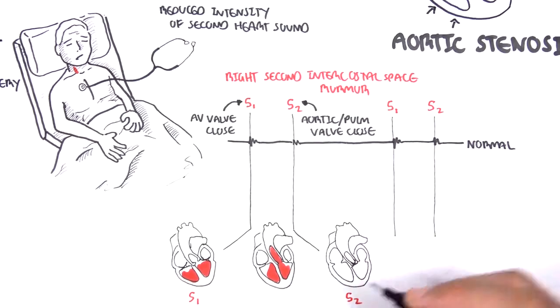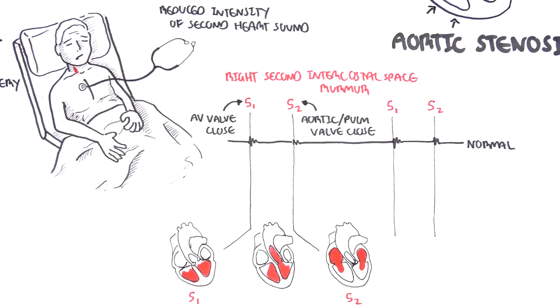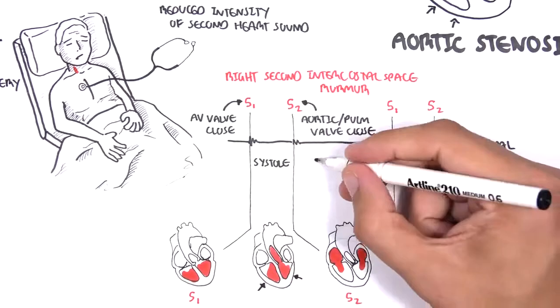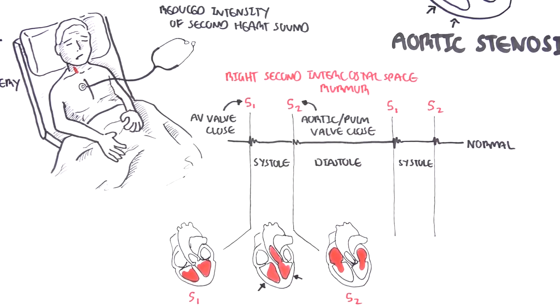At S2, your aortic valve closes again, allowing the ventricles to fill back with blood. Thus, we can say that between S1 and S2 is systole, when the ventricles are contracting. And from S2 to S1 is diastole, when the ventricles are relaxed and filled back with blood.